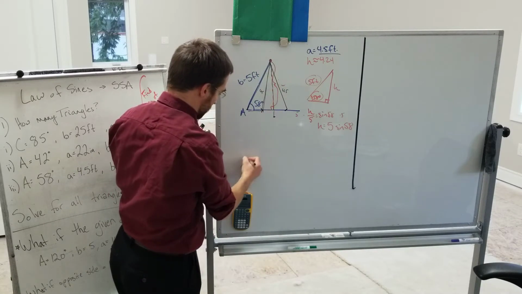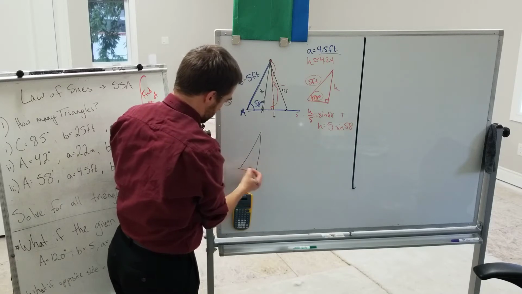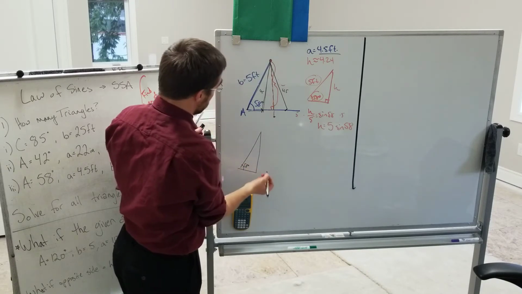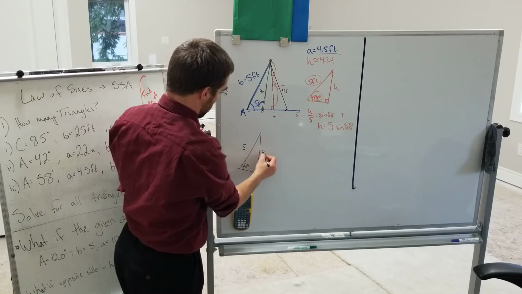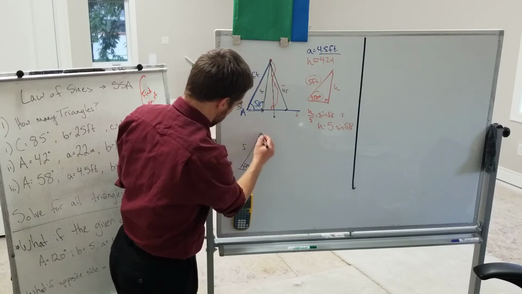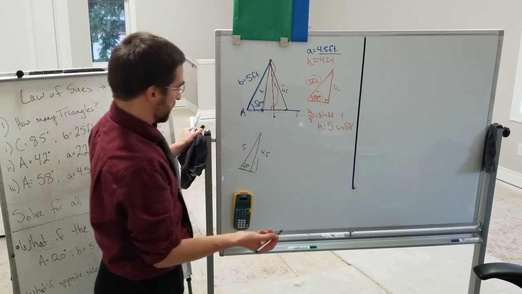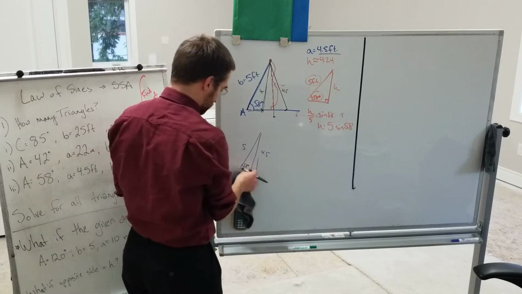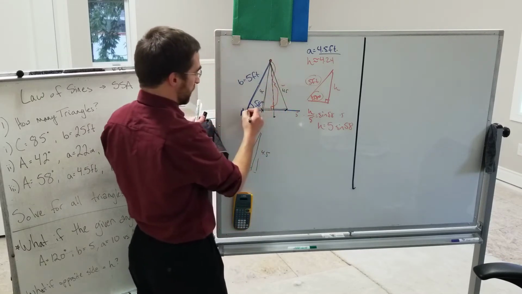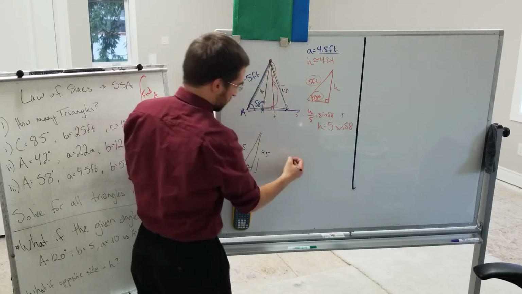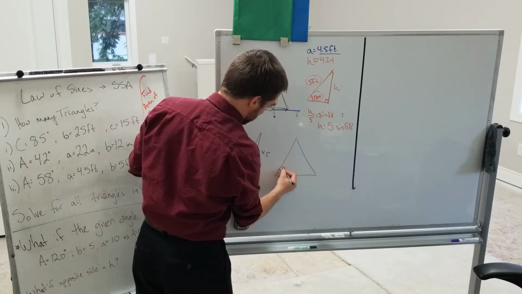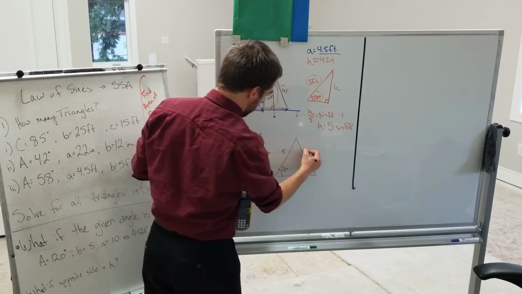I'm going to draw that. We got 58 degrees, 5 and 4.5. And this should actually be more like this, so it's not a right angle. And then we have this triangle here, where it's something more like that. 58 degrees, 5, 4.5.